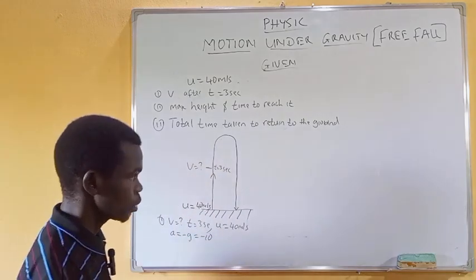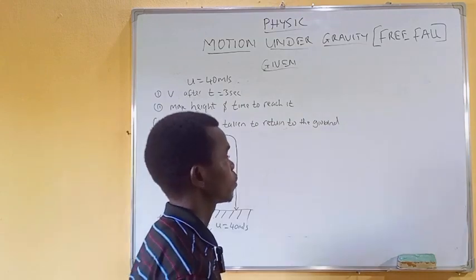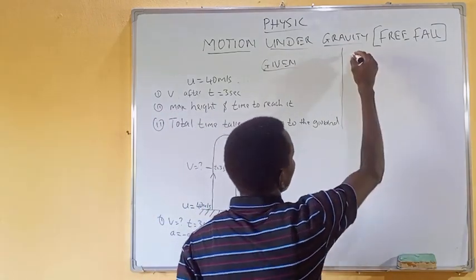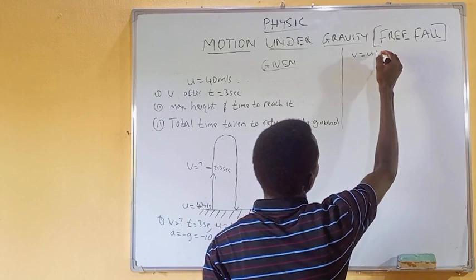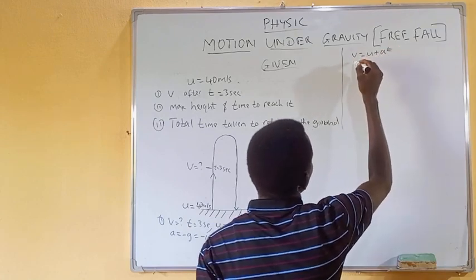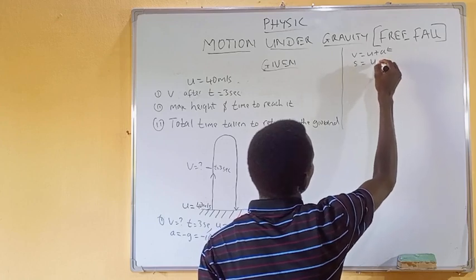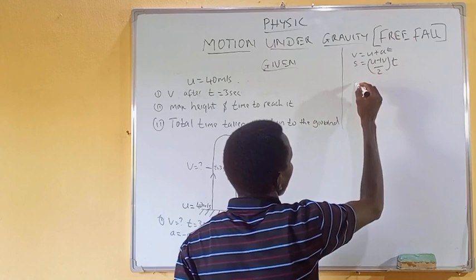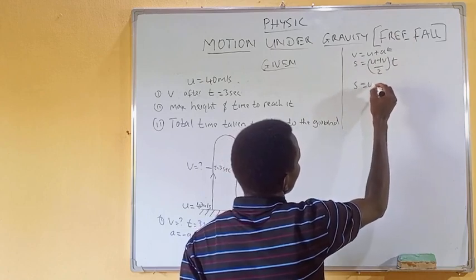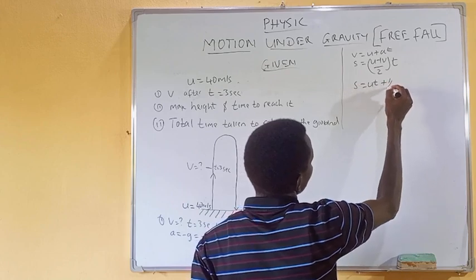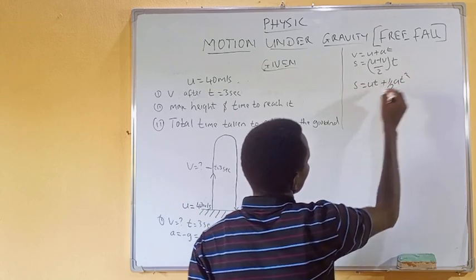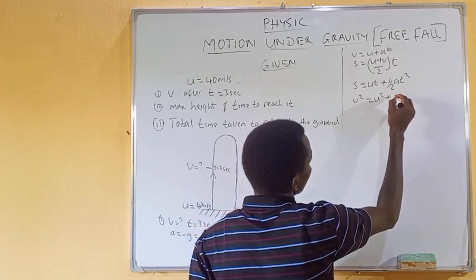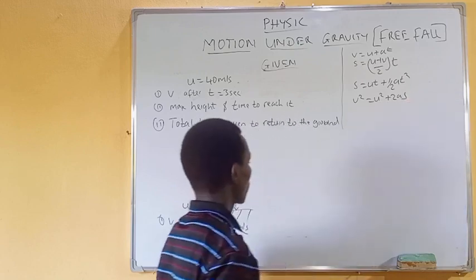So we will check out the four equations of motion, which are V is equal to U plus AT, S is equal to U plus V over 2 all times T, S is equal to UT plus half AT square, then V square is equal to U square plus 2AS.